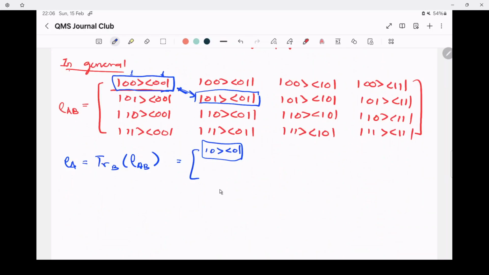Then the second one, if you understand what I'm trying to do over here, I'm trying to show you which term actually goes into the reduced density matrix of subsystem A. The second one will be 0 1 1 0.